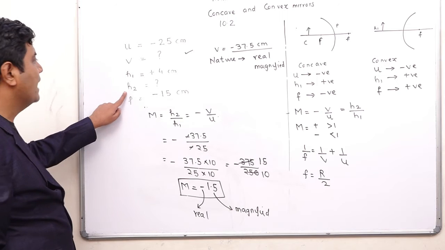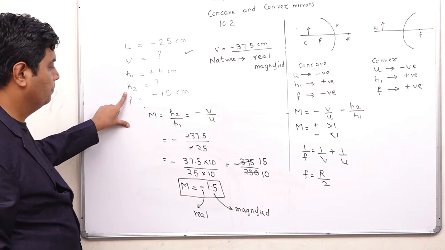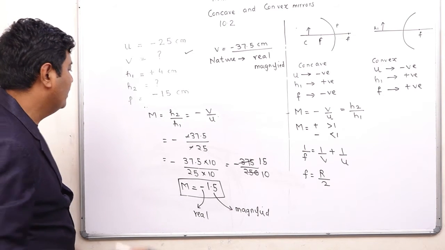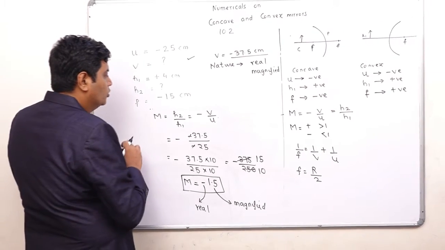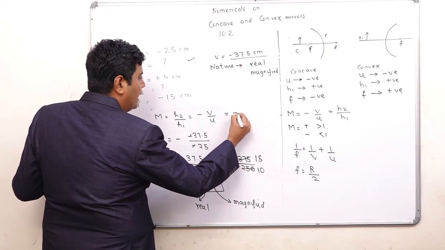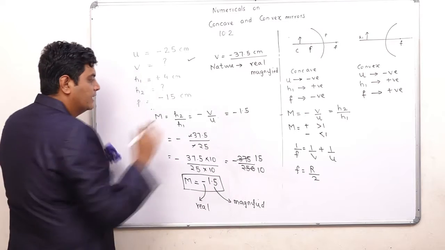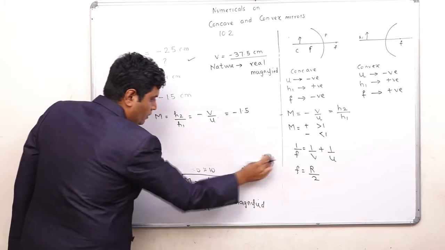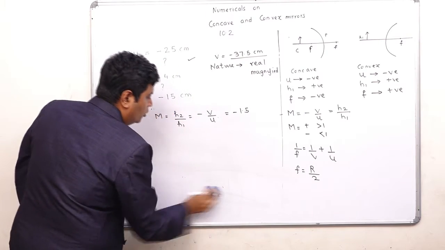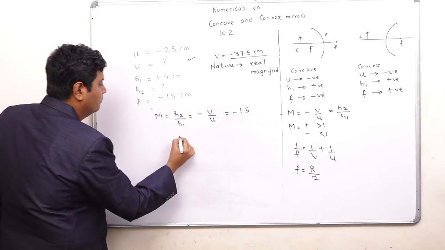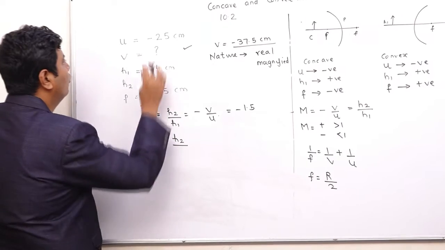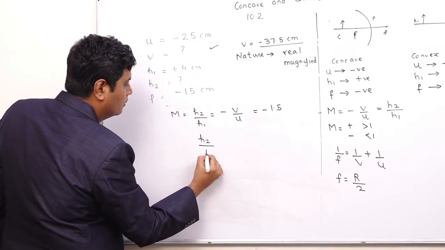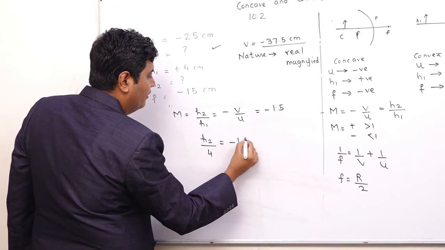Now you have to find the size of the image. I have magnification is minus 1.5. So can I say h2 upon h1, what is h1? h1 is 4, is equal to minus 1.5.